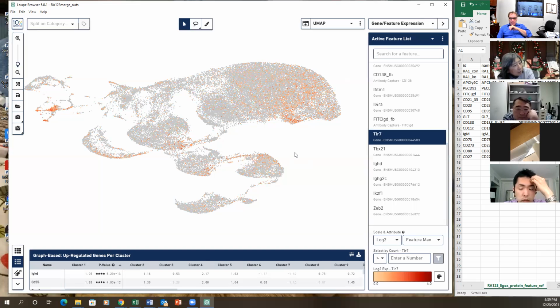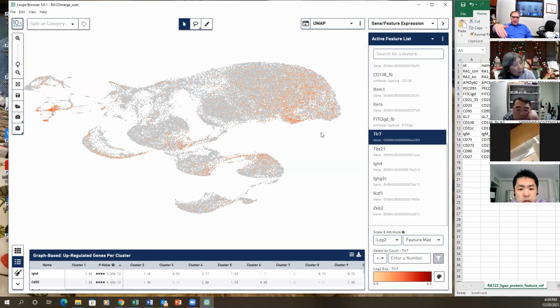I guess there is a little bit now that you look at it, right here. I don't know if TLR7 should be upregulated in some DN2 cells. I don't think so. Oh, it's right there. Yeah, it is upregulated.